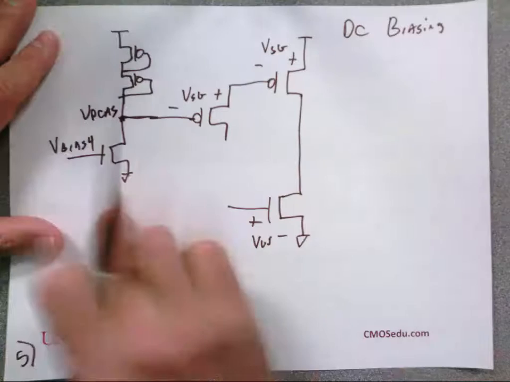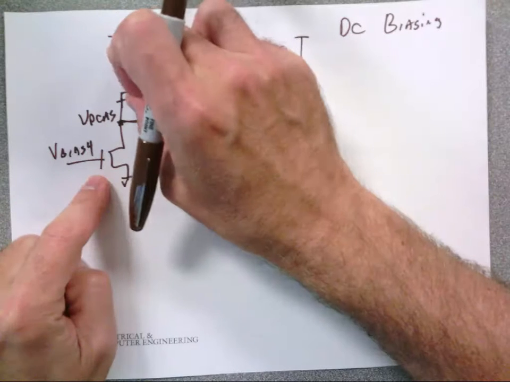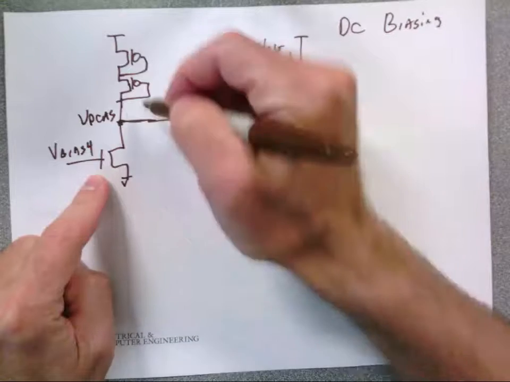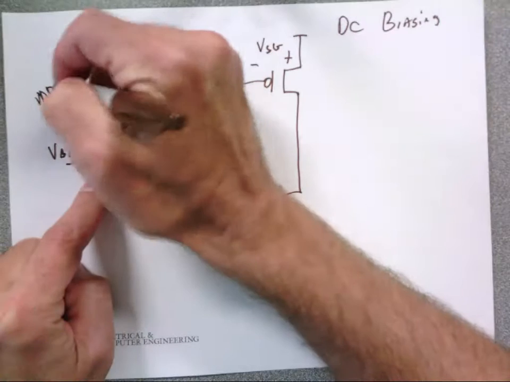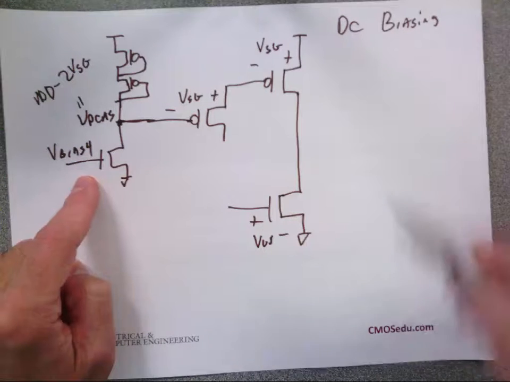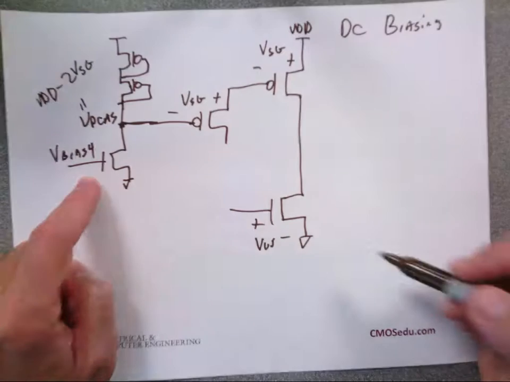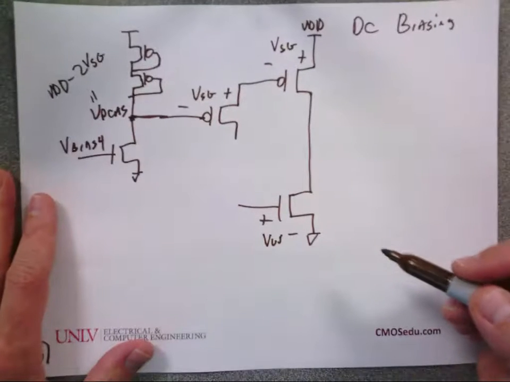So what does this do? Pulls a constant current through two diode connected transistors to give me two, what is the voltage here? Does everybody agree with that? Any questions? Where does this reside? Bias circuit.